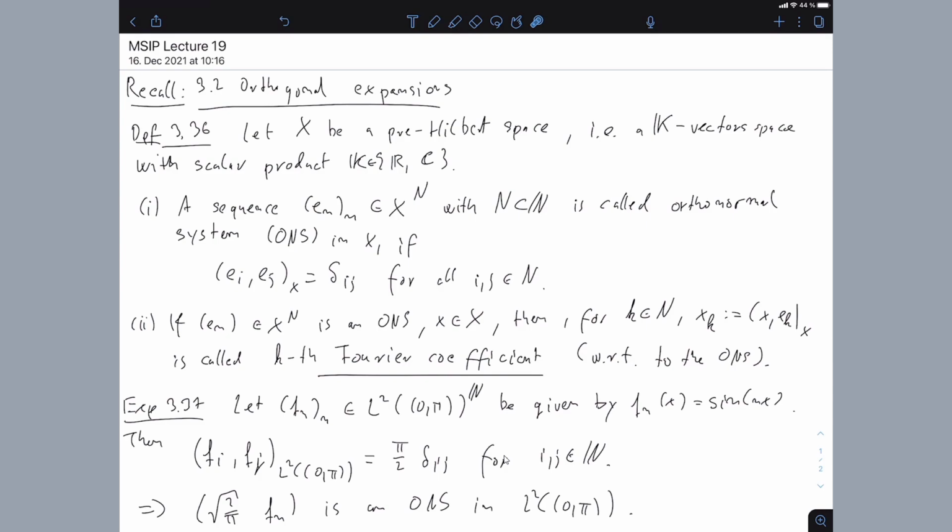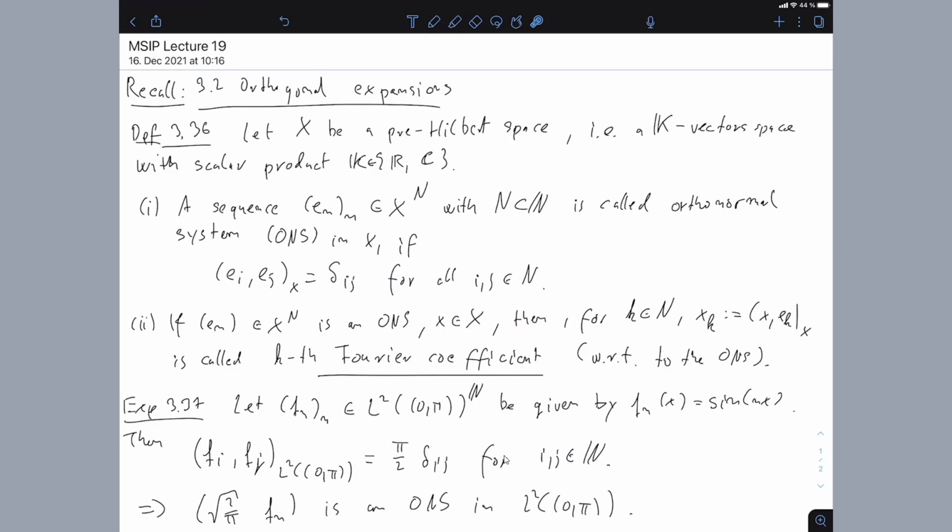This is some kind of representation with respect to these complex exponentials. So those will later take the role of these e_i. But we will have to work on this to see how exactly we have to fill it in there.